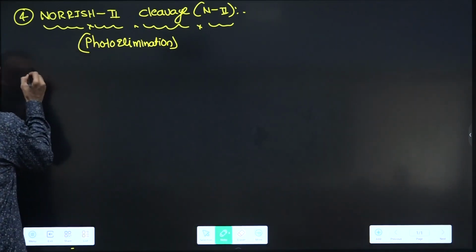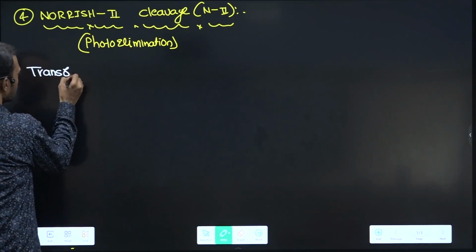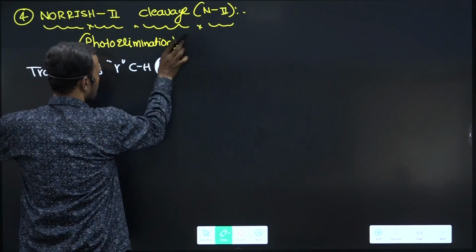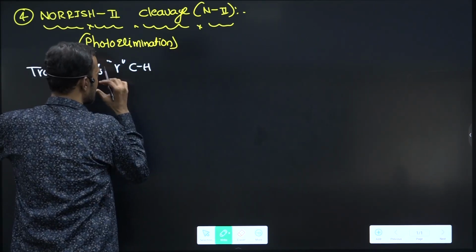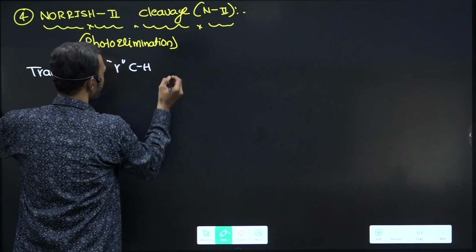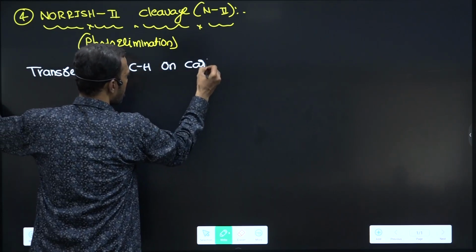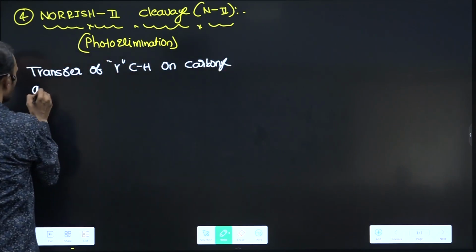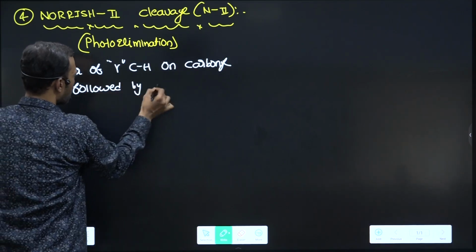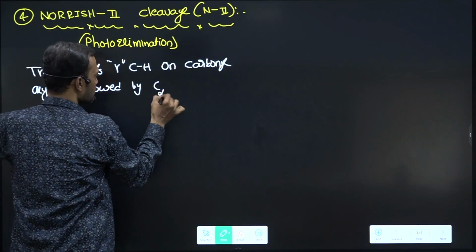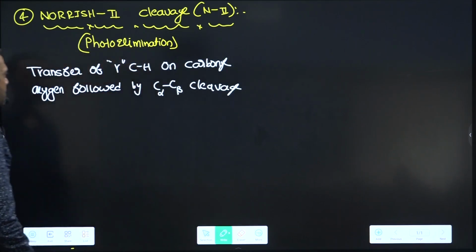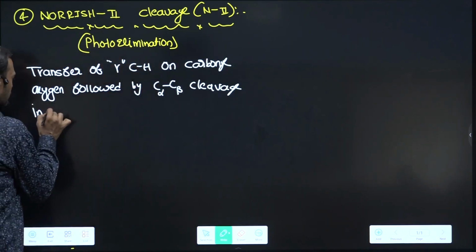Transfer of gamma carbon hydrogen on carbonyl oxygen, followed by C alpha C beta cleavage, in presence of light.